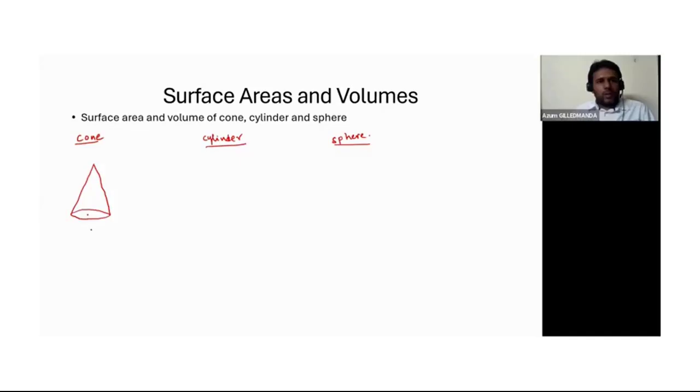So basically, at the bottom it has a circular shape with a radius, let's say R, and a cone also has a certain height. Let's say the height is H. And a cone also has a slant height. This is called the slant height, that is L. Because a cone has a slant shape, that is the slant height L, and the actual height is H, and the radius is R. Okay, so that is a cone.